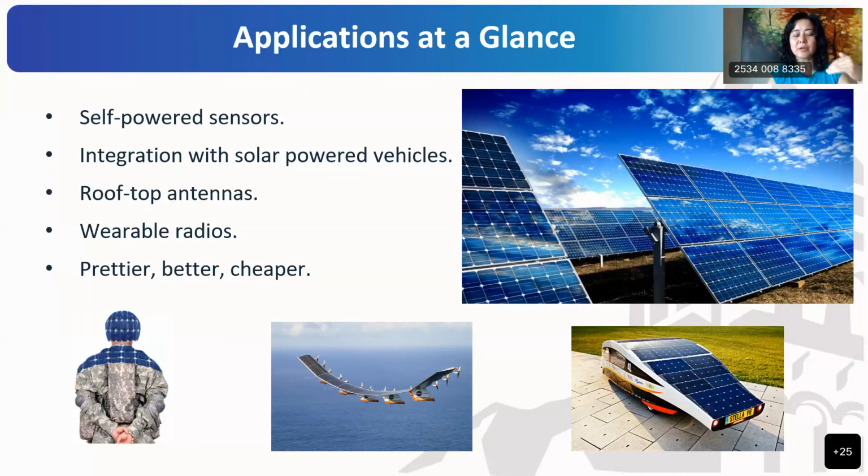And of course, it also comes to UAVs, or integrating antennas with a person's uniform and making it into a self-powered radio, etc. So there are many applications, and it allows us to do multifunctional integration to reduce price and increase functionalities.